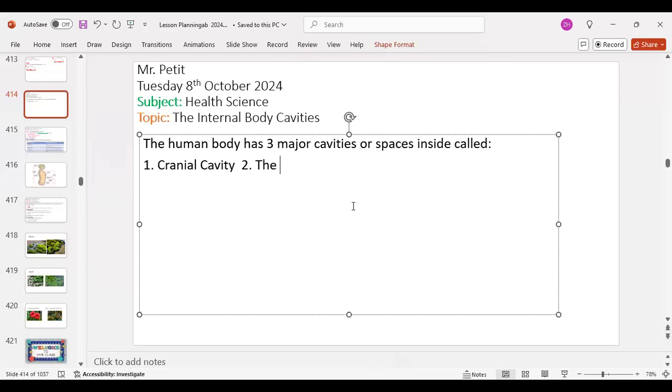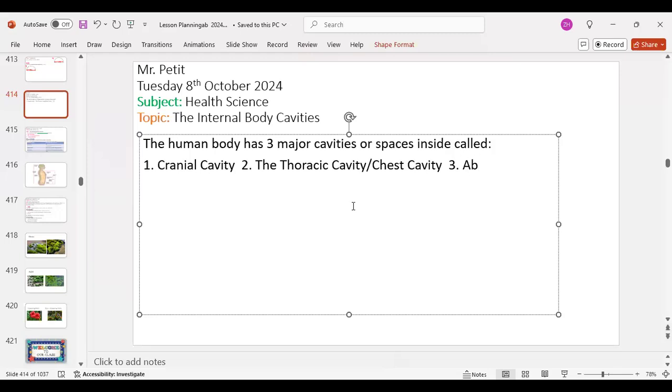So we have the cranial cavity, then the thoracic cavity, or the chest cavity, and the abdominal cavity.